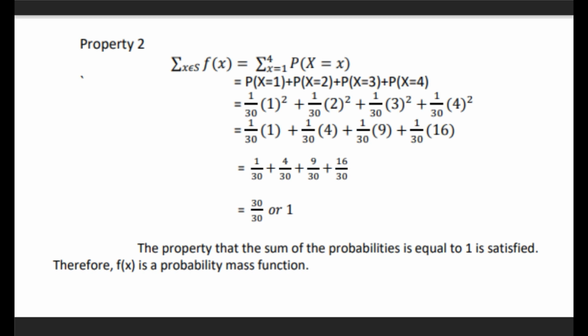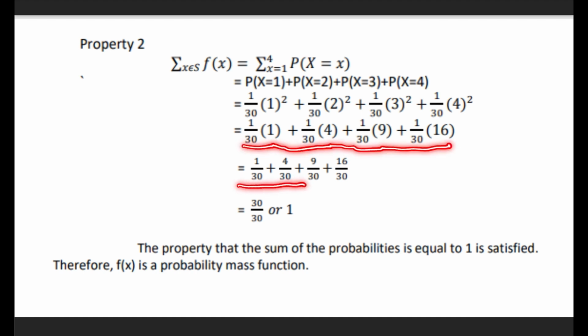That is now equal to the probability of X equal to 1 plus the probability of X equal to 2 plus the probability of X equal to 3 plus the probability of X equal to 4, which is equal to 1 over 30 times 1 squared plus 1 over 30 times 2 squared plus 1 over 30 times 3 squared plus 1 over 30 times 4 squared. Simplifying, we have 1 over 30 times 1 plus 1 over 30 times 4 plus 1 over 30 times 9 plus 1 over 30 times 16.